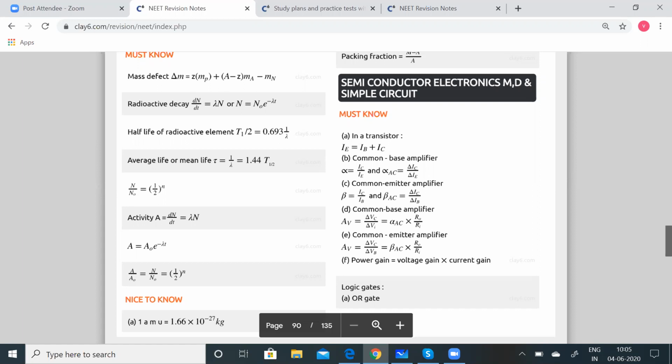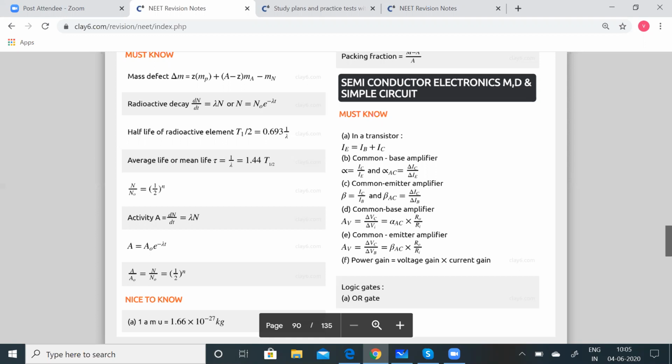These forbidden regions are called band gaps or energy gaps. The highest energy band occupied by the valence electrons is called the valence band, and the next empty allowed band is called the conduction band. This is very important to know.